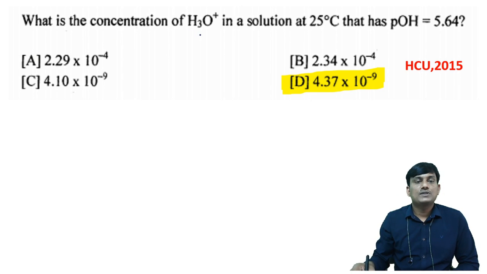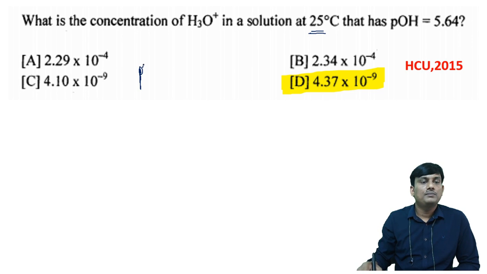What is the concentration of H3O plus in a solution at 25 degrees centigrade that has pOH equal to 5.64? At 25 degrees centigrade, pKw is equal to pH plus pOH is equal to 14.